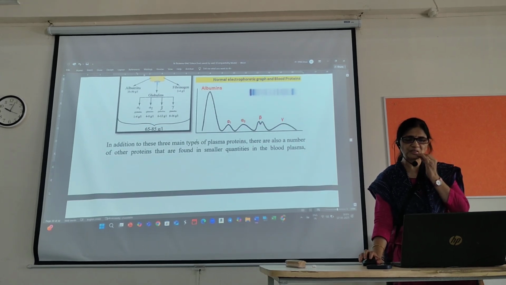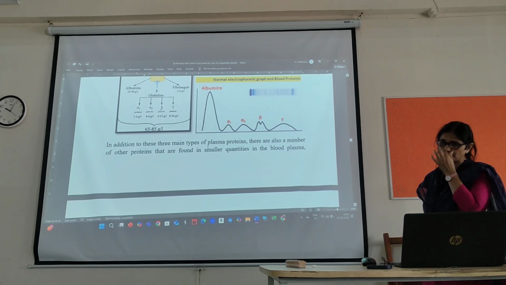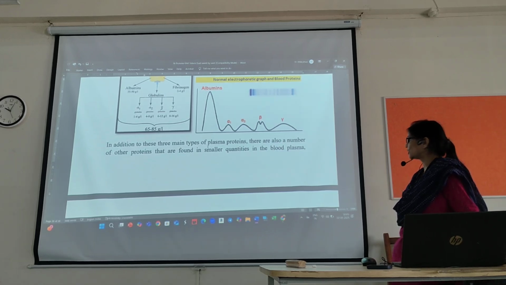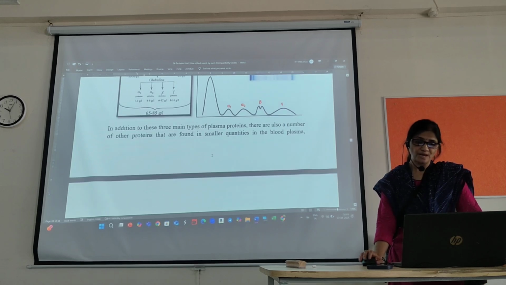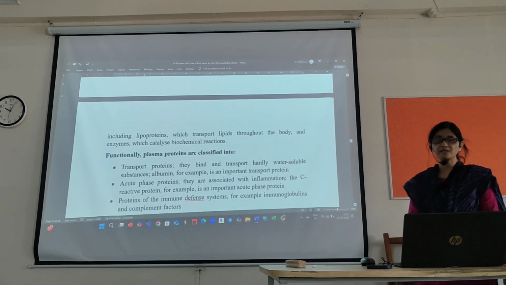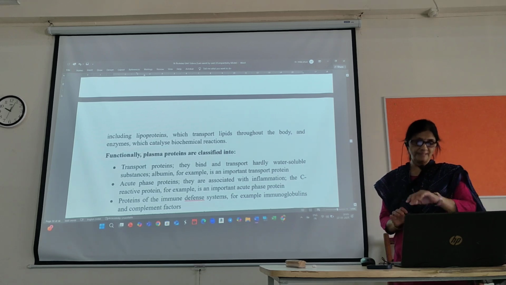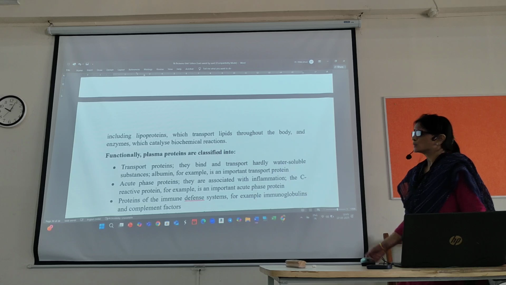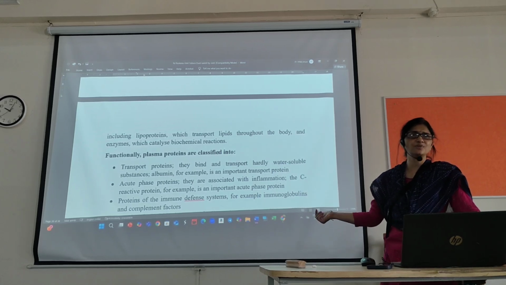In addition to these three main types of plasma proteins, there are also a number of other proteins found in smaller quantities in the blood plasma, including the lipoproteins, which transport the lipids throughout the body, and enzymes which catalyze the biochemical reactions. So the last small part is the functions.